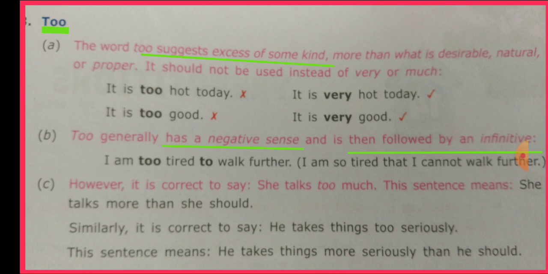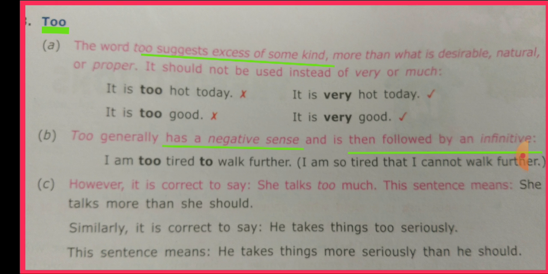Now too. Too suggests excess of some kind, more than what is desirable, means in a negative sense. Like if we speak, it is too hot today, it's wrong. It is very hot today. It is too good, we will never use good with too because it is showing the excess. It is very good. So this is the correct use of too.